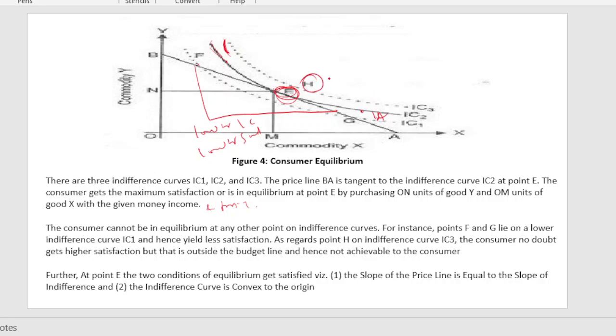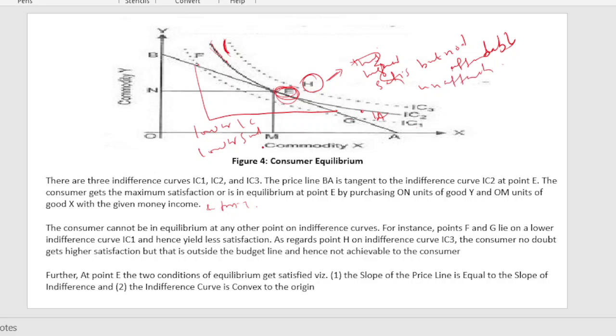Point H gives a higher level of satisfaction, but is not affordable. F and G are on a lower indifference curve, so he can't choose them. The points C, A and H are unaffordable.